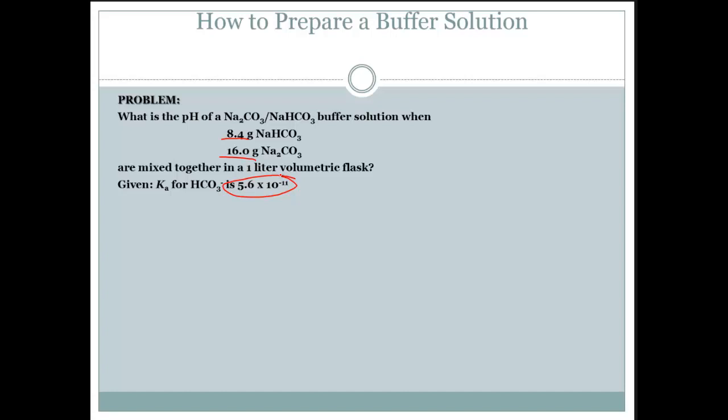So, in order to figure this out, the first thing we need to do is figure out the molarity of the solutions. To do that, we first need to know what the moles are. So I have 8.4 grams of sodium bicarbonate. The molar mass of this is 84.